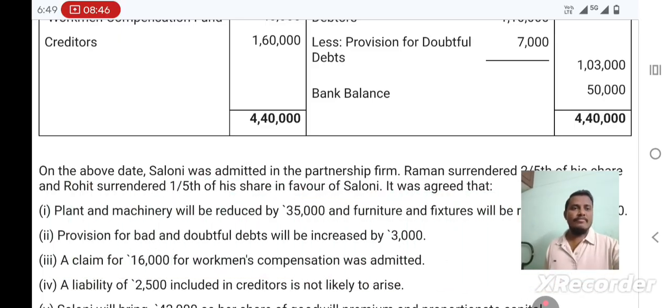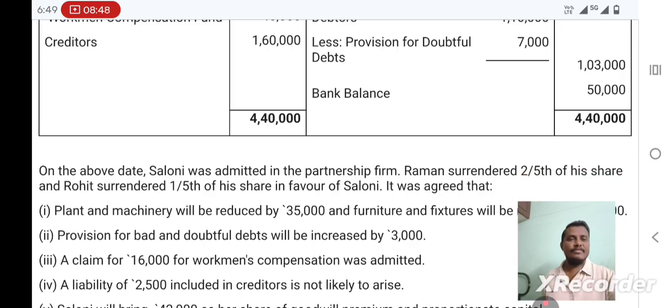Friends, if you have a note and pen, it will be very useful. Please record this. 2/3 is Raman's old share and he is surrendering 2/5, so 2/3 into 2/5 is 4/15. Raman is sacrificing 4/15 from his 2/3 share.